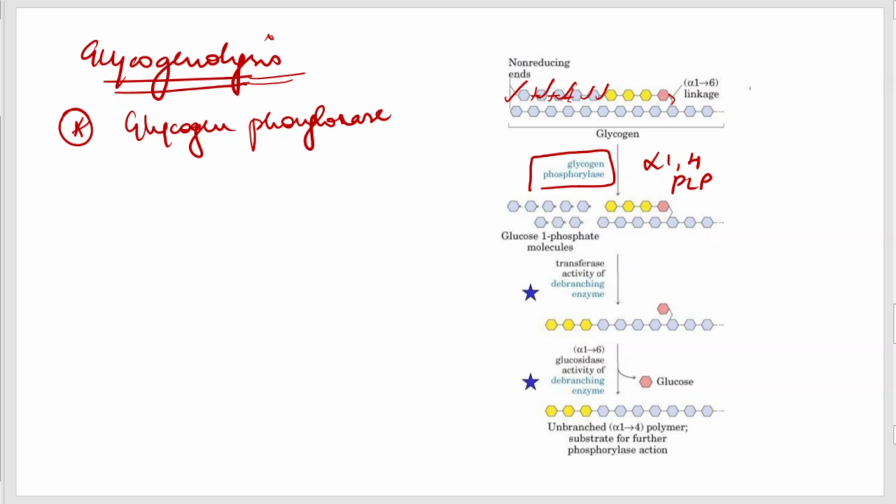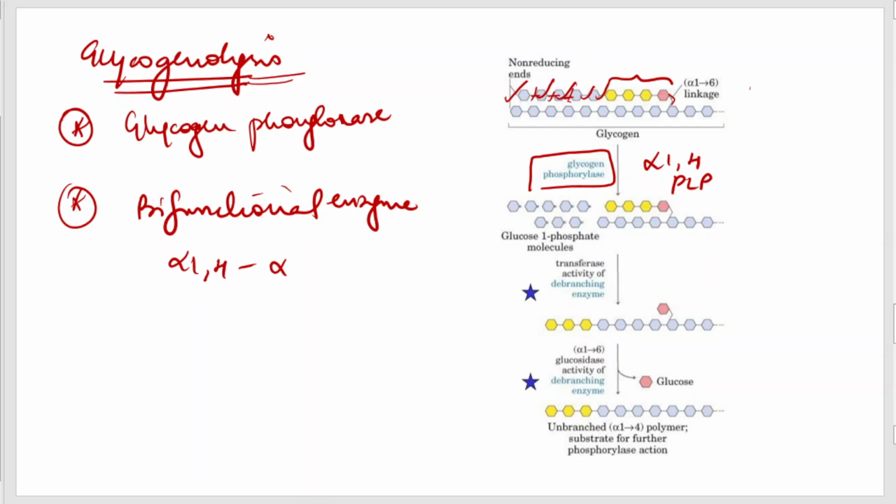So along the branch point, how will it get broken down? About 3 to 4 glucose residues before the branch point, the glycogen phosphorylase action will stop, and the second enzyme, the bifunctional enzyme which has two enzymatic activities, acts. The first enzymatic activity is alpha 1,4 glucan transferase.